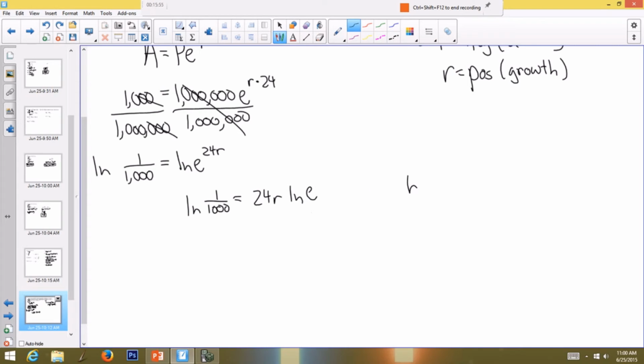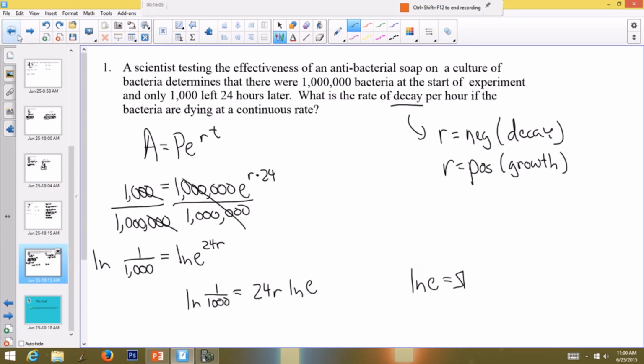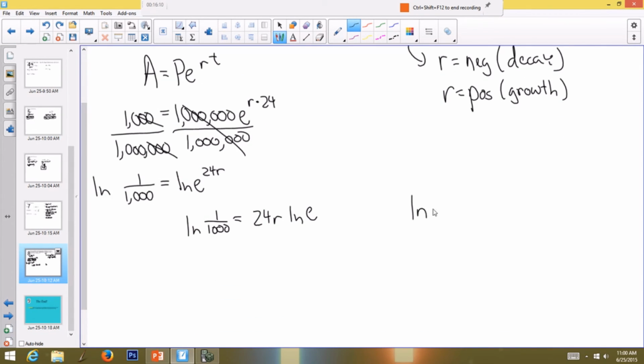And if you remember, the ln of e is equal to 1. So this basically cancels out. It's just 1 times whatever. And so I'm going to divide both sides by 24, and my final answer, the one that I'm going to put into my calculator, is going to be the ln of 1 over 1,000 divided by 24.